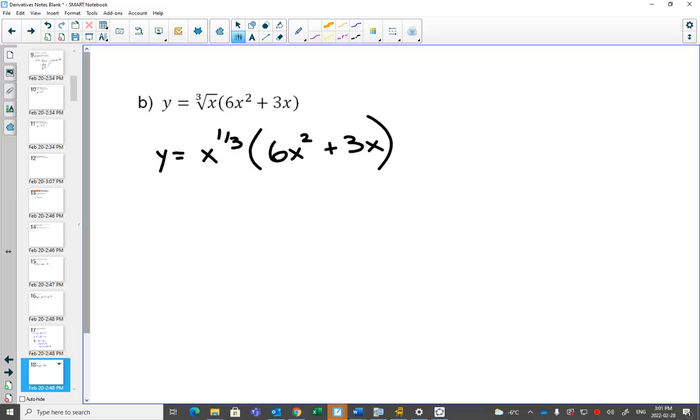So I could change the cube root to the 1/3. It's still not in a form that I'm able to do the power rule and the sum and difference rule, because I'm still multiplying. I only have a rule for adding and subtracting.